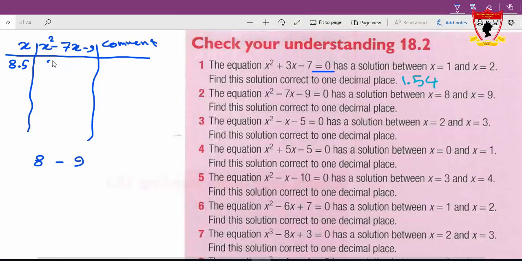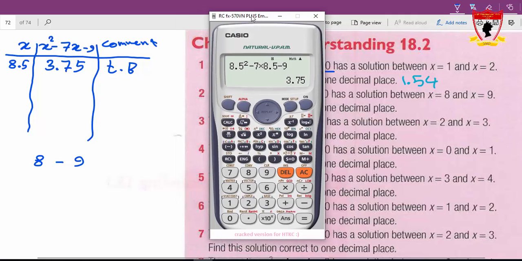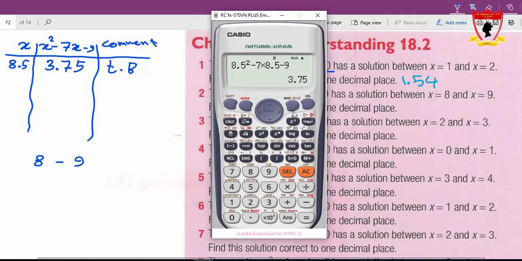It's too far. 3.75 is too big compared to 0. Then we have to pick something else, then we can decide, are we getting closer or further?